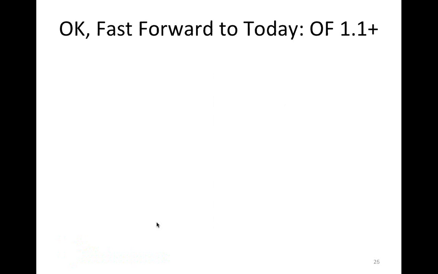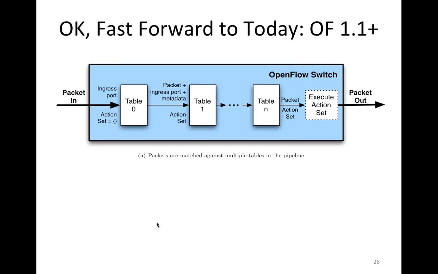So now today we have this, and this is the switch model. The idea here is you can flatten out the cross product of routes times policies into many tables. The way this is supposed to work is, when a packet comes to table 0, if the switch is programmed with actions already, you accumulate those actions in what's called an action set, and then at the end you execute them.